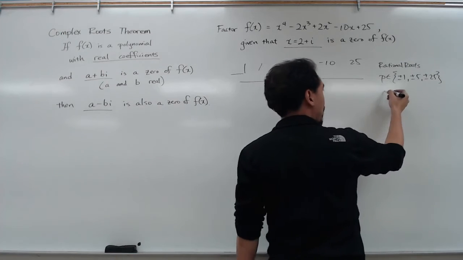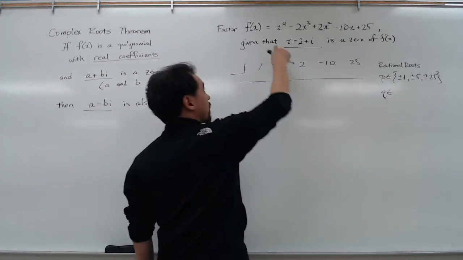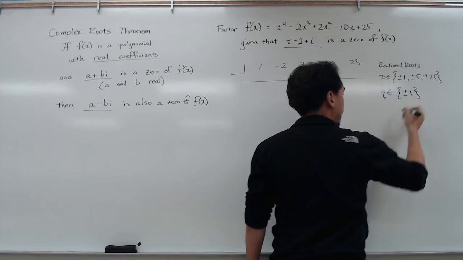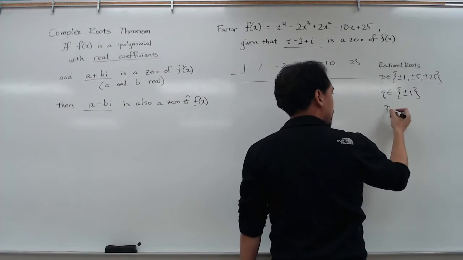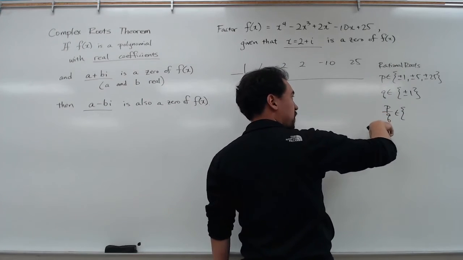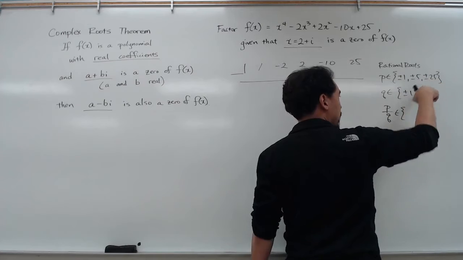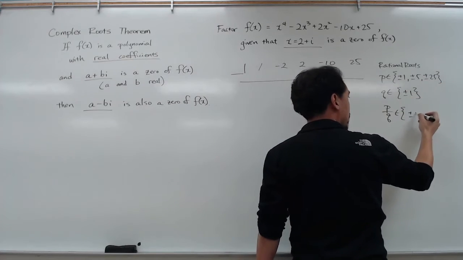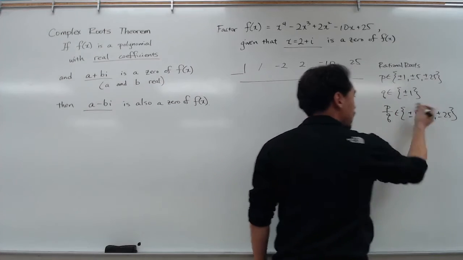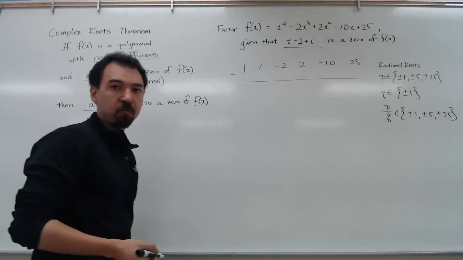And then q represents any integer that can go into 1. So plus or minus 1 are the options there. Which means all of the possible rational roots p over q are going to be any number here divided by any number here, which is going to be plus or minus 1, plus or minus 5, plus or minus 25. Those are the only possible rational roots.